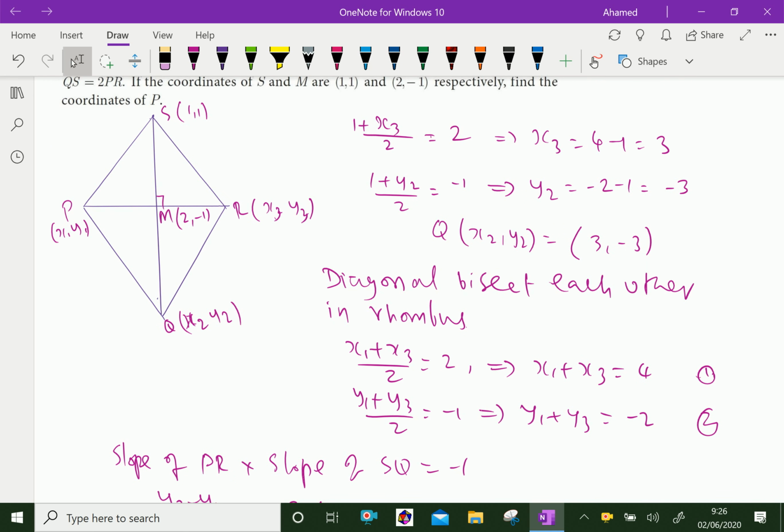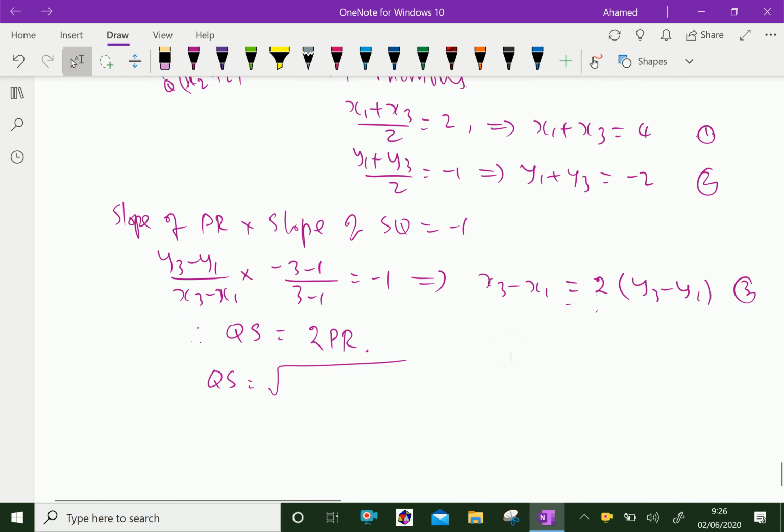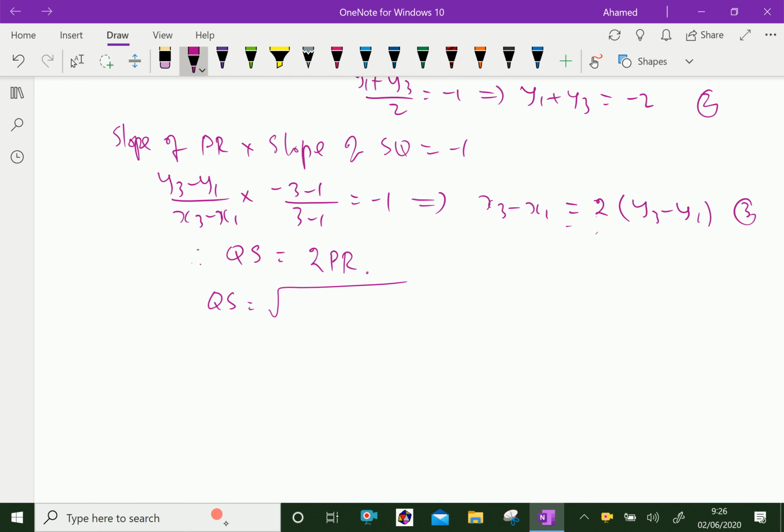With the points Q and S, the length is the square root of (-3 - 1) squared plus (3 - 1) squared, which is the square root of 16 plus 4, the square root of 20. Therefore PR is the square root of 20 over 2, because QS is 2 PR.